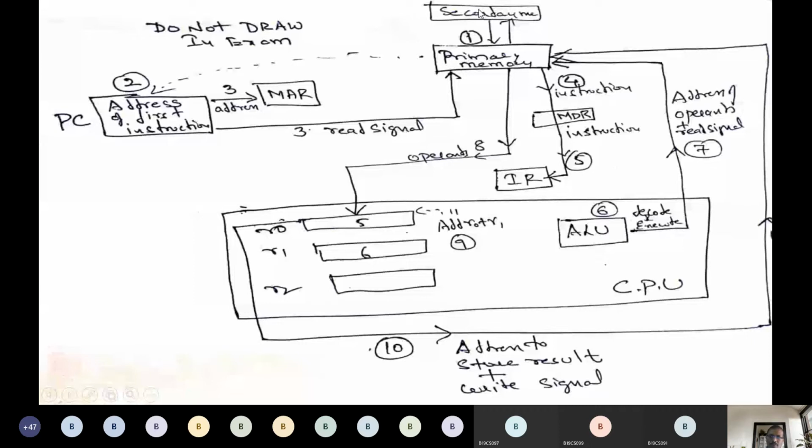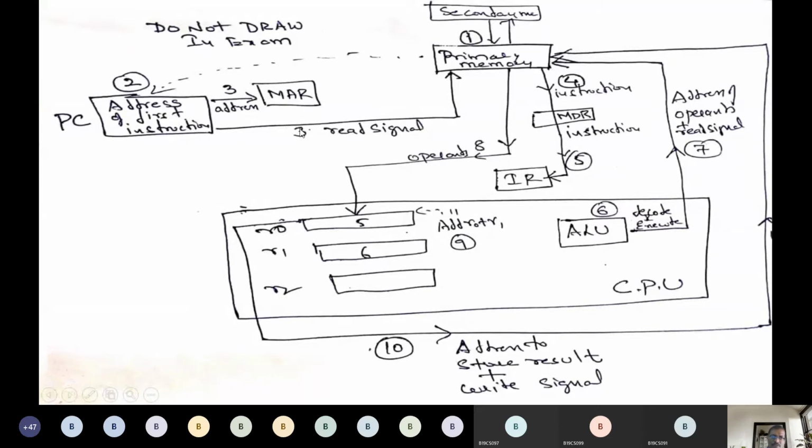So the instruction from the program needs to be copied into the IR. It is not directly copied. First, the first instruction address is copied into the program counter PC, and that address is next copied into the MAR register.